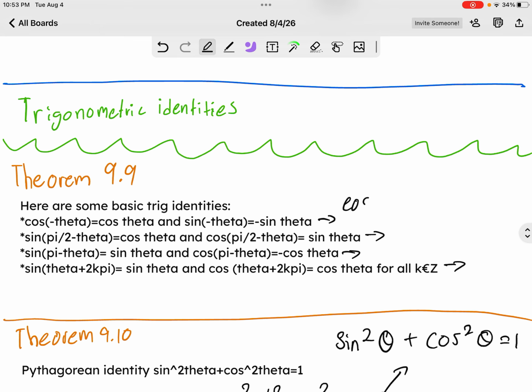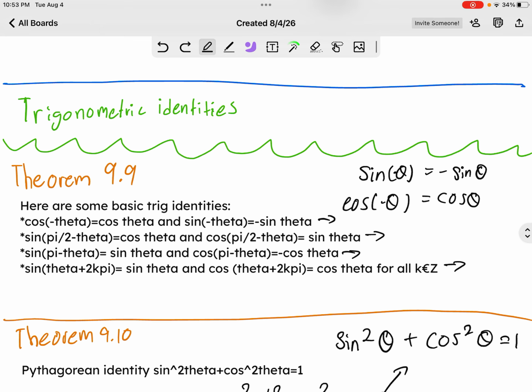So cos of minus theta will be equal to cos theta, and sine of negative theta will be equal to negative sine theta. Sine theta. Okay.